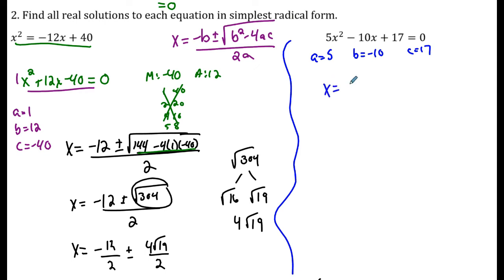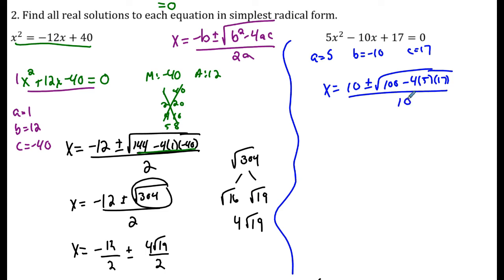X equals the opposite of B plus or minus the square root of b squared. Don't use your calculator here because you're going to type it in wrong. Negative 10 times negative 10 is 100. B squared minus 4 times A times C all over 2 times 5, which is 10.